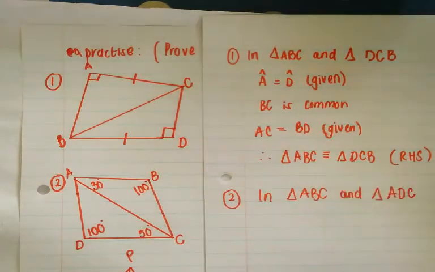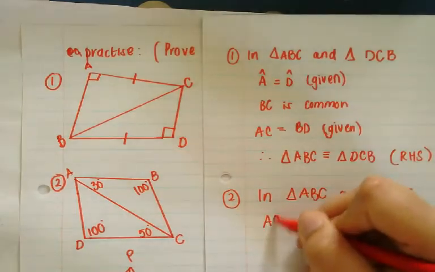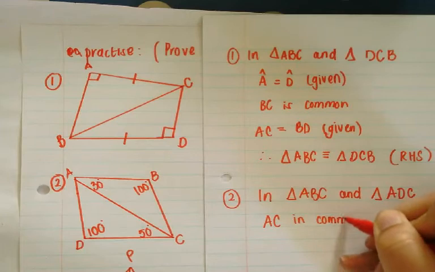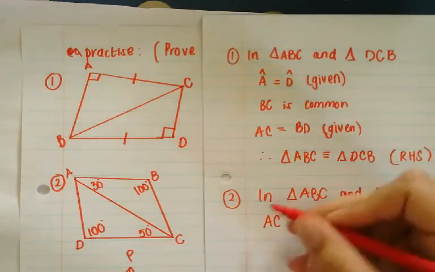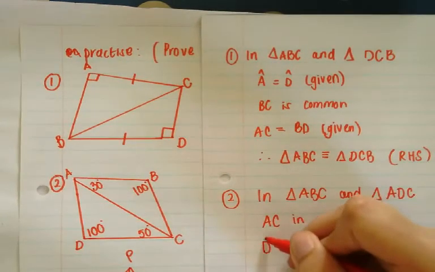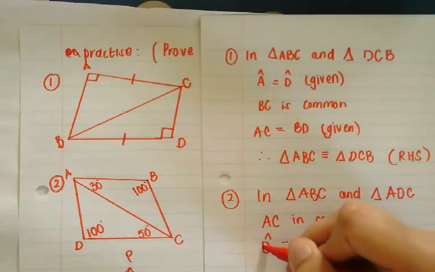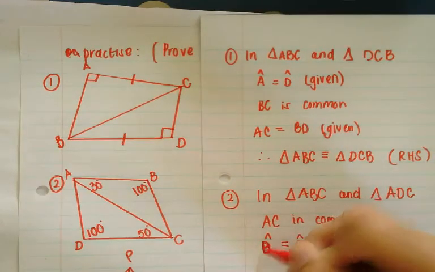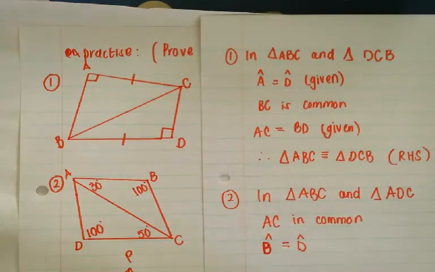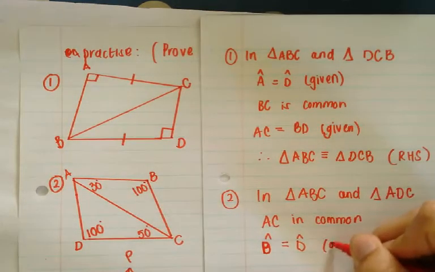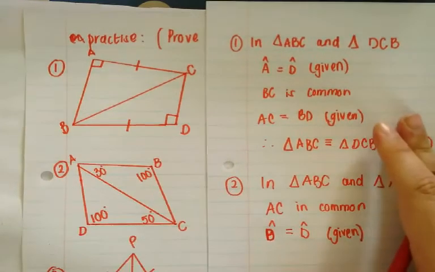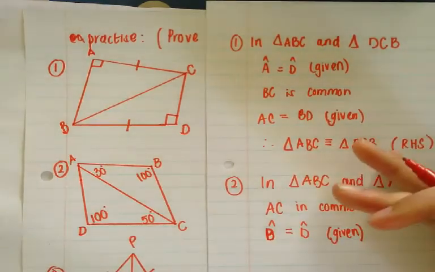So the first thing I'm going to do is write that common side down, then it doesn't matter what I do after that. There's no confusion at D and B, so I can use one letter, and that's just given. Now I just need to find one other thing. It's going to be an angle.